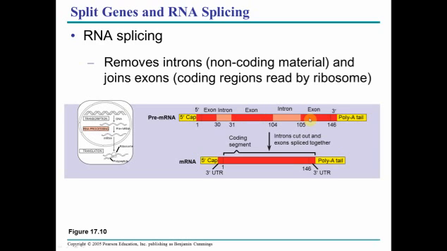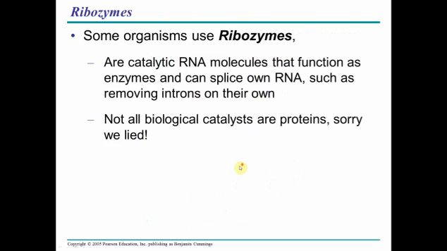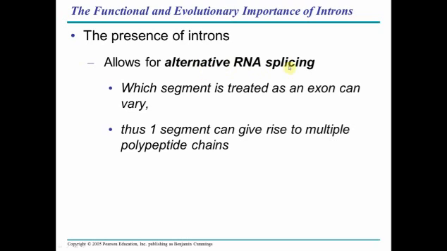And that's going to alter how the RNA gets cut, and thus which exons are left behind. Thus that one gene can have many different mature mRNA sequences, and thus code for many different proteins. That's what we see here for alternative RNA splicing. Which segment is treated as an exon can actually vary, and thus one gene or one gene segment can give rise to many different polypeptide chains.